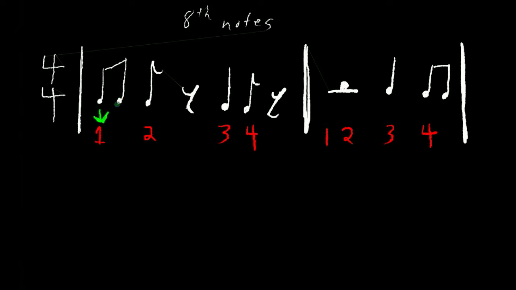Right on 1, and then this eighth note happens on the upbeat. Then beat 2, we've got our downbeat, like that. So this happens 1 and 2, like that. And then this rest, I guess we can mark this as well, but this rest happens on the upbeat.